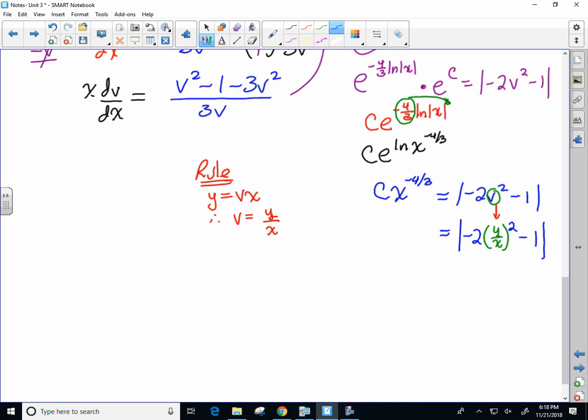Okay, so to clean it up further, actually do a good chunk of things here. I'll start with the obvious thing, actually square the x and the y. So negative 2y squared over x squared minus 1.